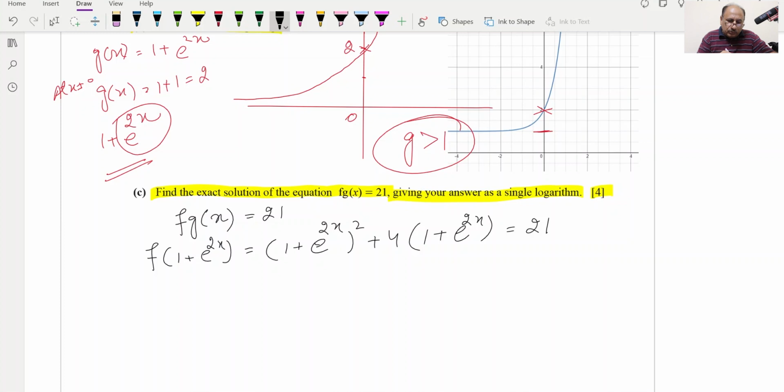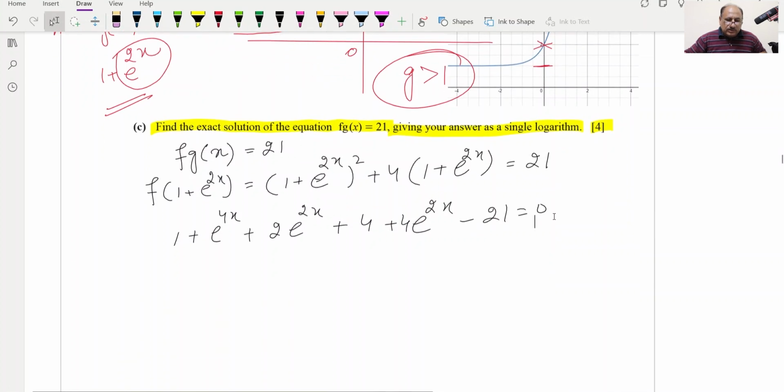Now we can open the square. It will be 1 plus e raised to the power 4x, plus 2ab, so 2 into 1 into e raised to the power 2x, plus 4 plus 4 e raised to the power 2x is equal to 21, or we can write minus 21 equal to 0.